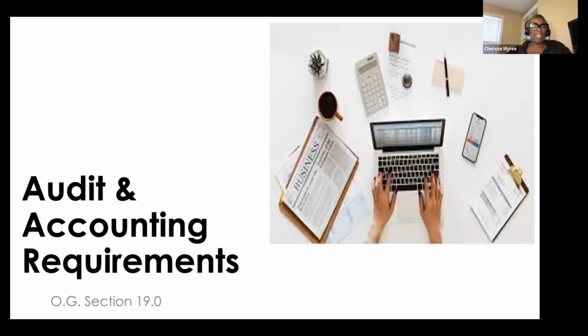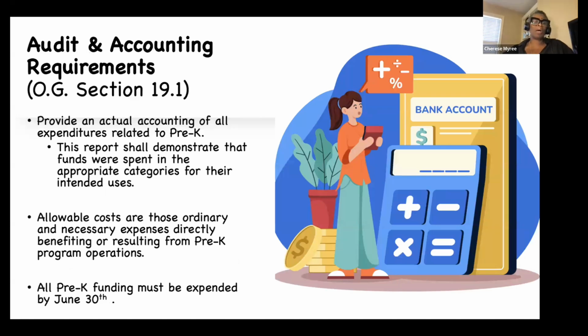Yeah, no problem. Okay, so we're going to move forward to the audit and accounting requirements, and you can refer to the operating guidelines, pre-K operating guidelines section 19.0 to get further information on this. In section 19.1, it gives you what the requirements are. As a provider, you must provide an actual accounting of all expenditures as it relates to pre-K. It should demonstrate that funds were spent in the appropriate categories for their intended uses.